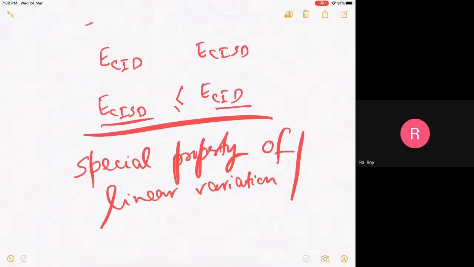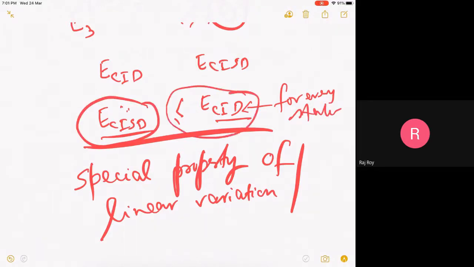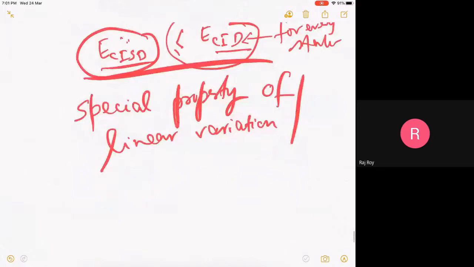And this is not only for the ground state, for every state it will improve. So this is true for every state, not just for the ground state. For every state, the energy of CISD will be less than or equal to the energy of CI doubles, because of this Hylleraas-Undheim-McDonald theorem. So many times it is called the McDonald separation theorem, many times it is called just Hylleraas-Undheim.